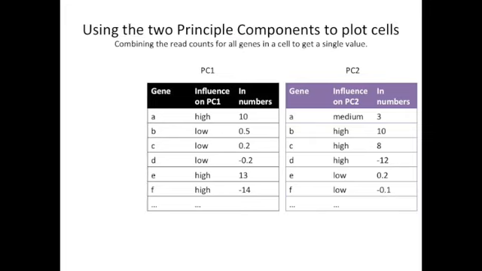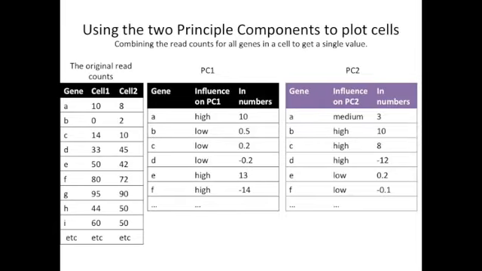Now that we have these 2 tables for the first 2 principal components, we can use them to plot cells and not just genes. We do that by combining the read counts for all genes in a cell to get a single value. Here's how to do that. First, we return to the original read counts for each cell.